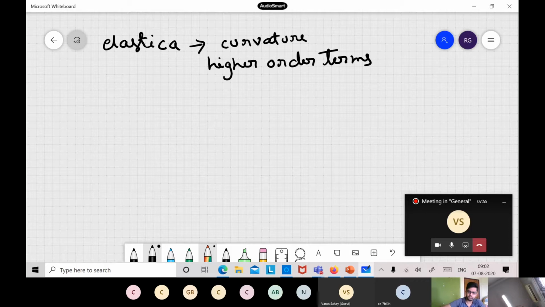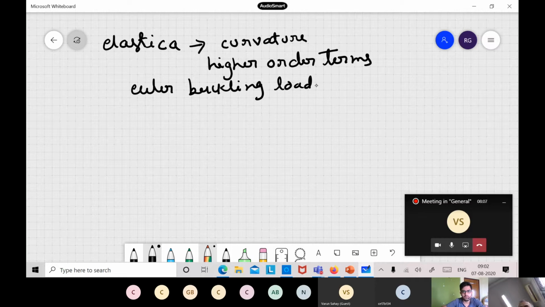Now our conclusion was, if the rotations are very small, then Euler's formula, pi square EI by L square, is itself sufficient when the slopes are small. We saw that up to 10 or 20 degrees there was not much change.